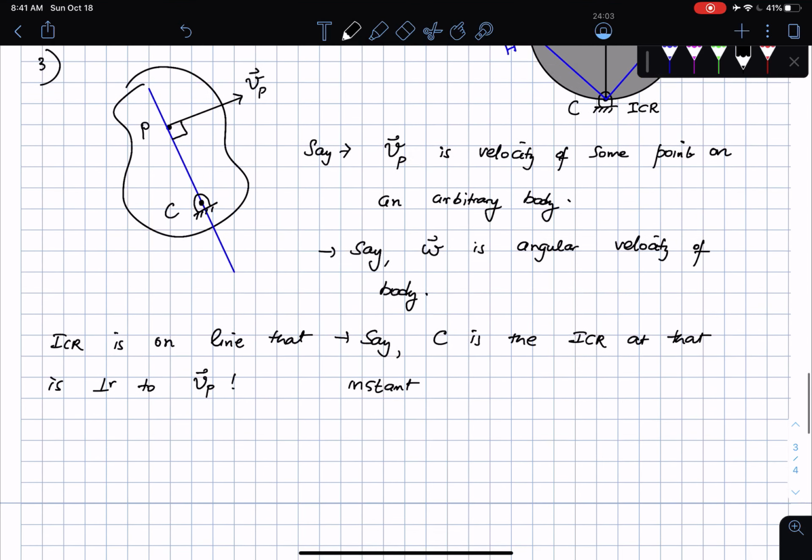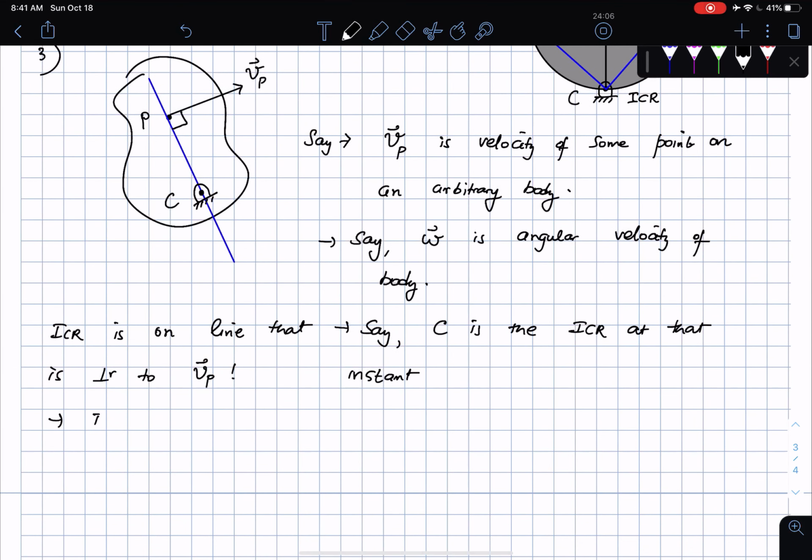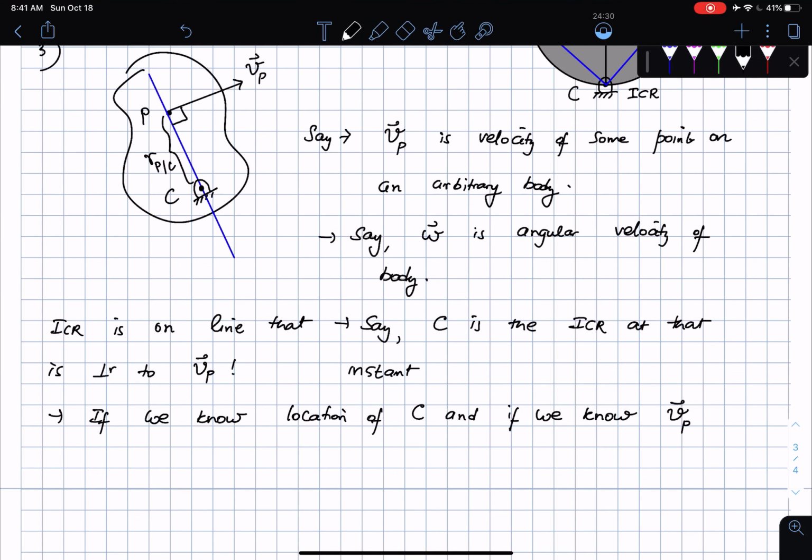Okay, so if I know the location of P, if we know the location of C, and if we know the velocity of point P, which means that if I know this distance, let's call this distance r P slash C. If I know the distance, then I can find the angular velocity of the body, omega.